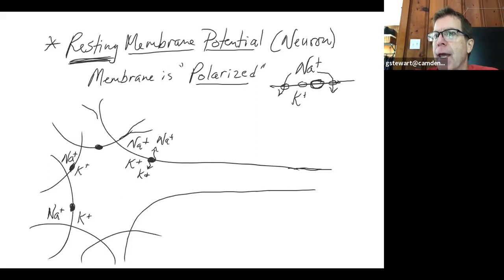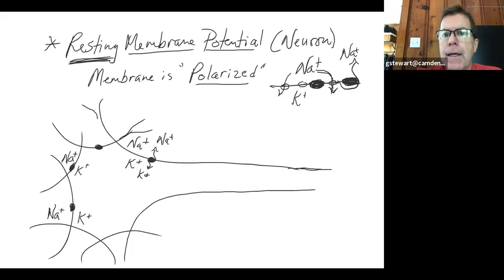But we have this ATP-driven pump all along the membrane of our cells, specifically in this case, our nerve cells, that anytime sodium leaks through here, it grabs it and pumps it back out, so that we get a high concentration of sodium ions out and a high concentration of potassium ions in.